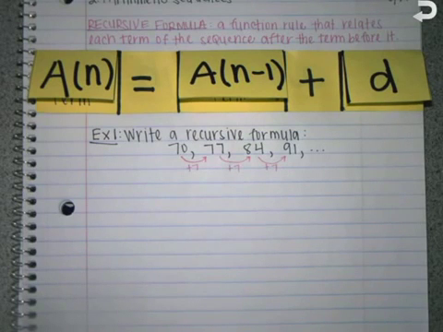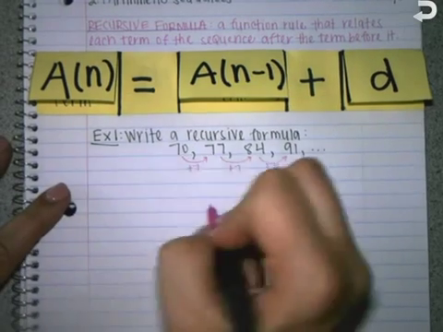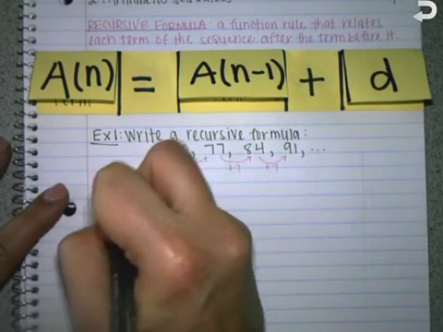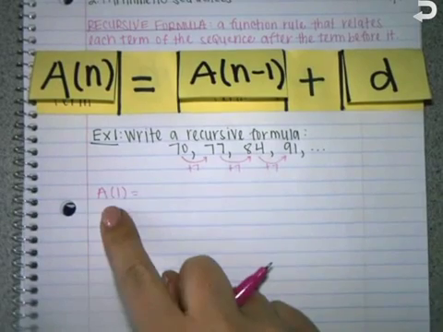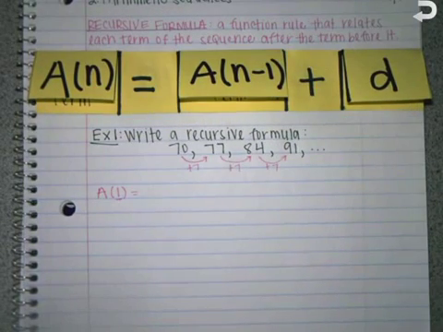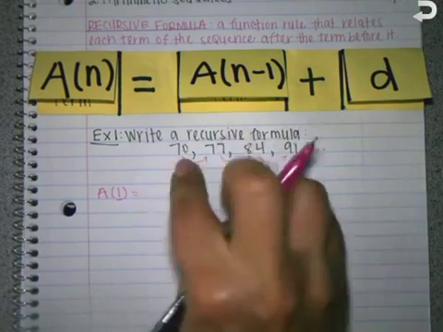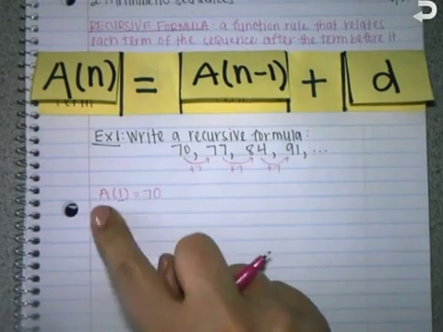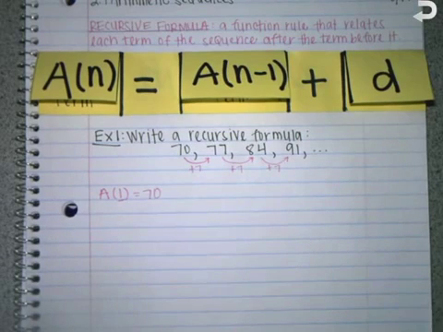So we always want to give the first term. So we say A of 1 to start. Okay, so A of 1. That means when n is 1, or my first term. What is the first term? 70. So we start the formula by saying A of 1 is equal to 70. So it's kind of like saying, here's your starting point. The first term is 70.